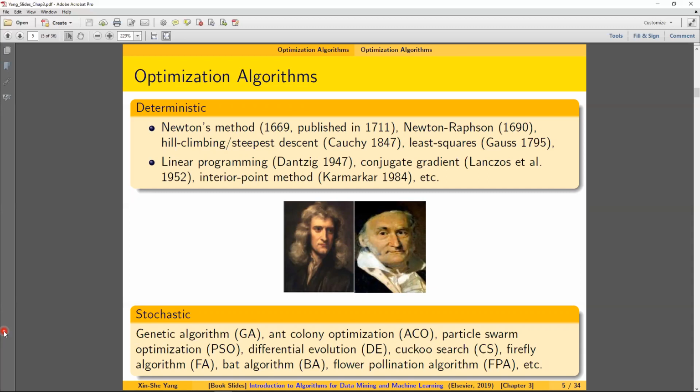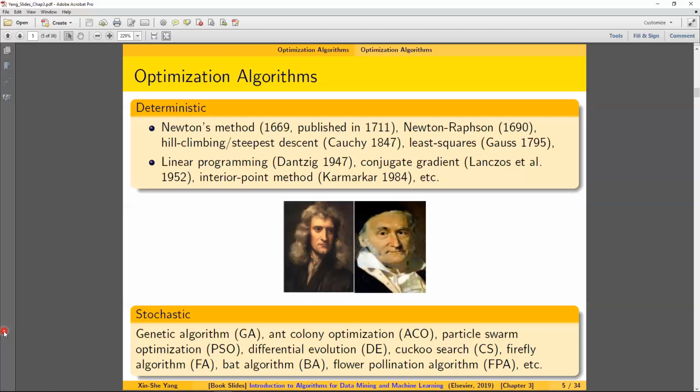And then linear programming, conjugate gradient, interior point type of deterministic optimization algorithms. Linear programming is very popular, where the constraints and objectives are all linear combinations, essentially linear constraints.